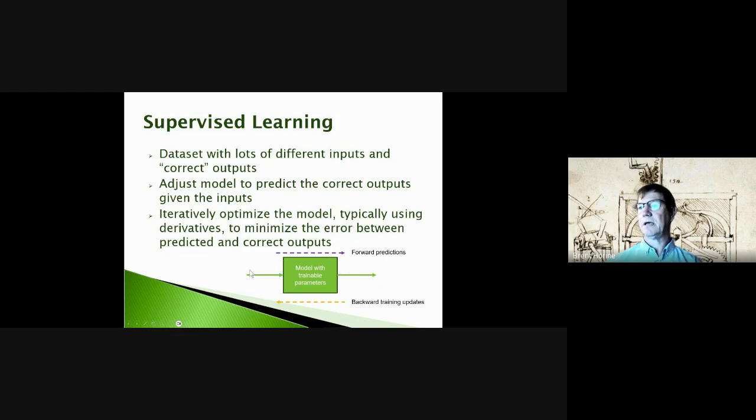So we might have a data set with 1 million different examples in it, right? We're going to put each of those 1 million examples into this, and each of those examples might have anywhere from a handful of inputs to many inputs.